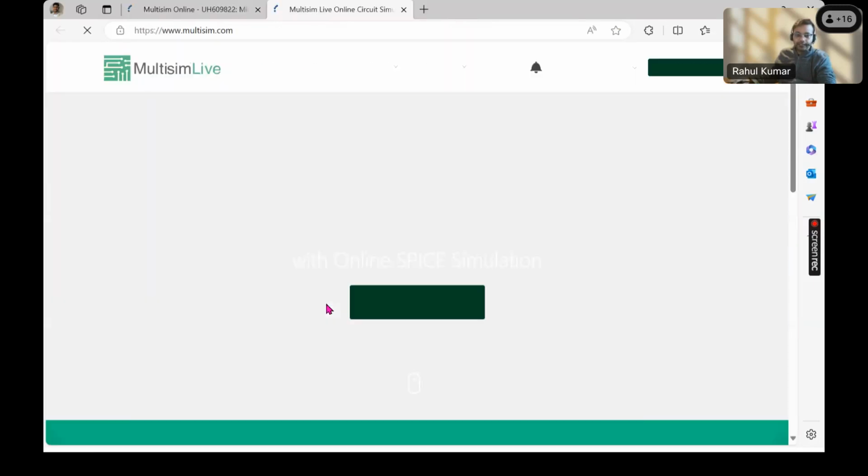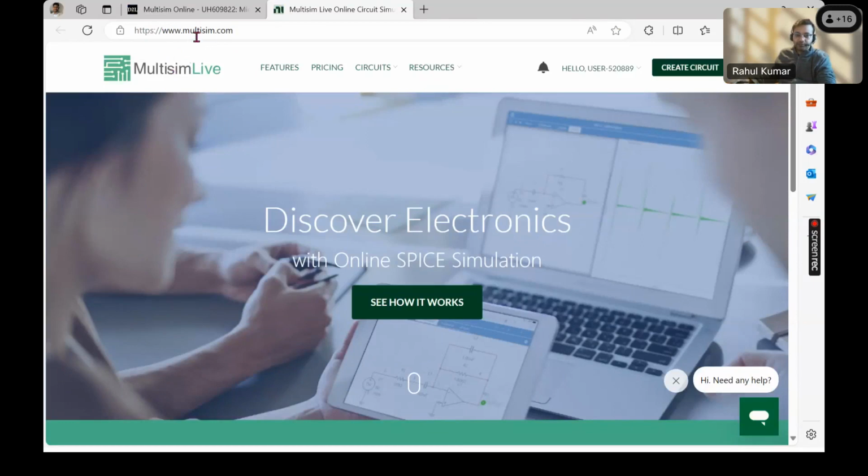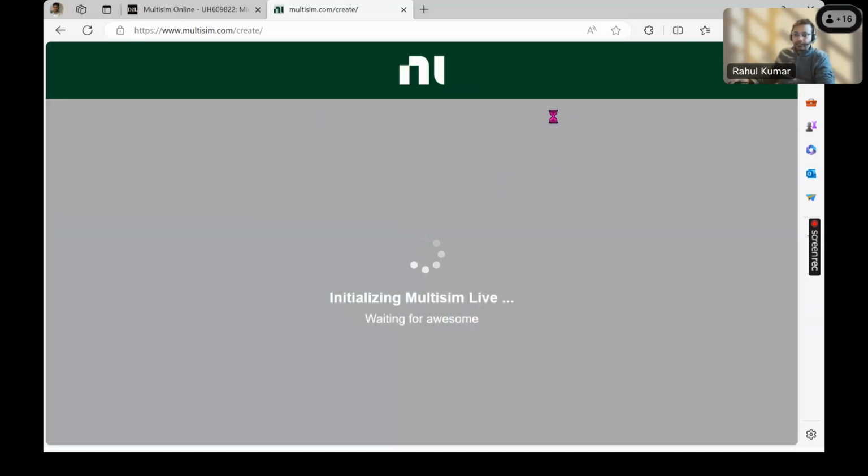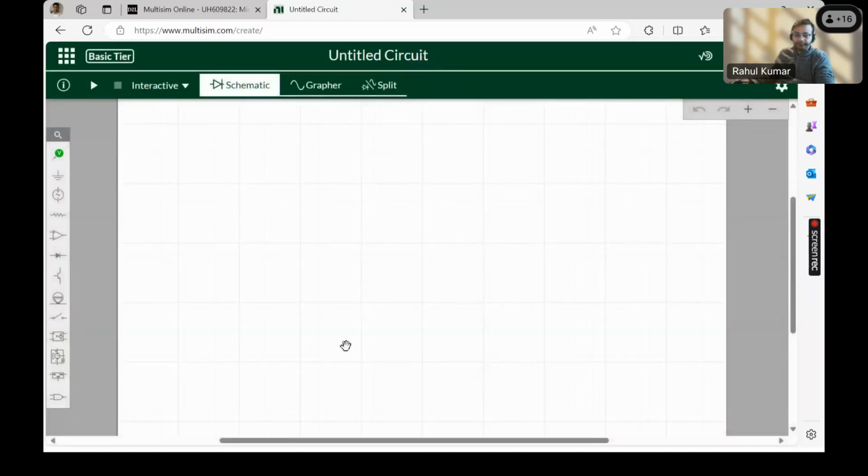If you click on this link, it will take you to the official website of Multisim. Although I'm logged in, you will have to create a login, a profile, using your UHI email, and then you can create your circuits on Multisim. If you don't have the installed version, you can use Multisim Online.